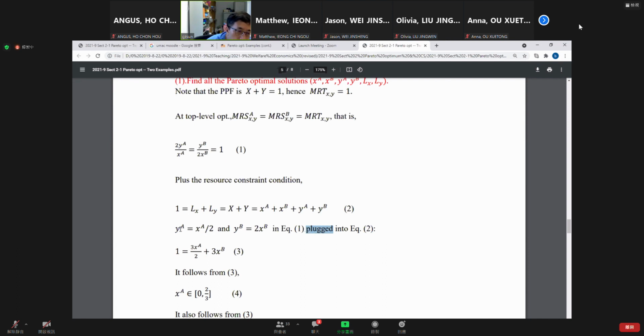We put the two results into equation 2, then you will find YA equals half XA. Half XA plus XA equals 1.5 XA.